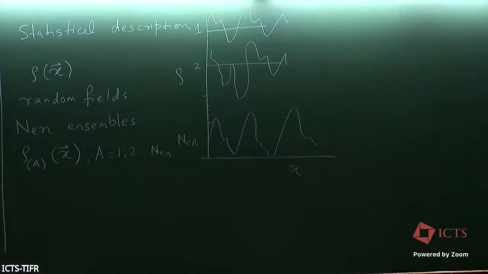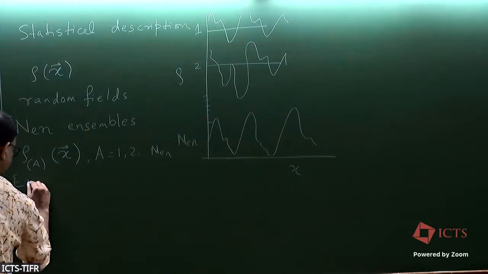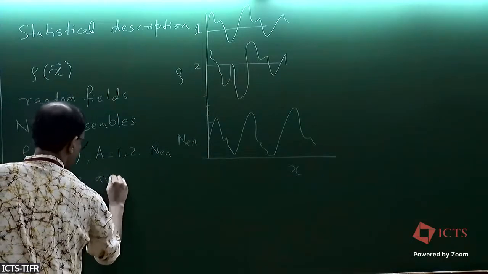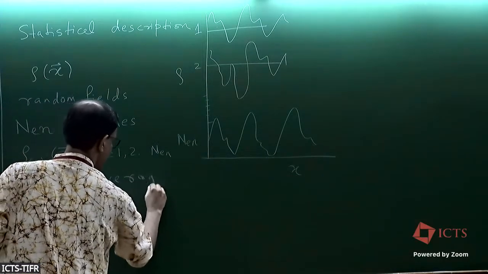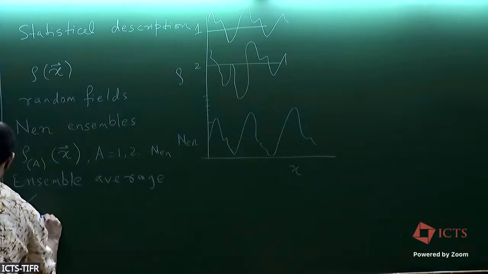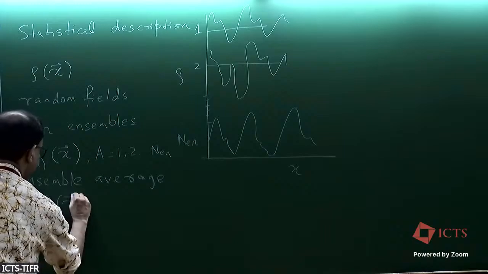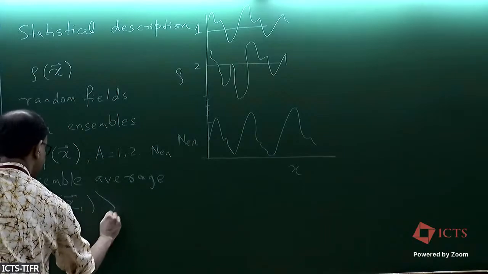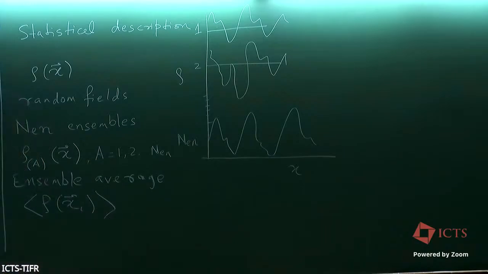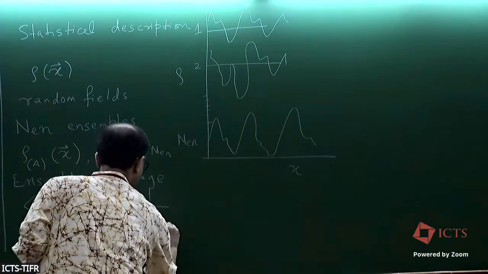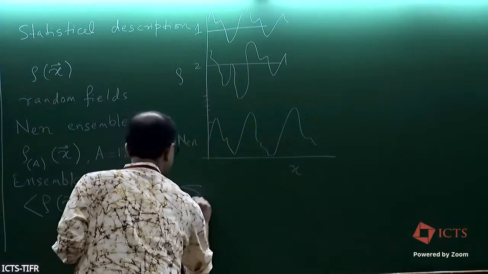Now the first thing I can define is the average. So the ensemble average of this density field would be, I call it rho, at some point, let us say x_i. And that is, by definition, the mean.